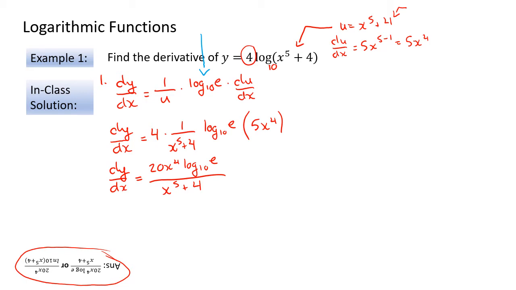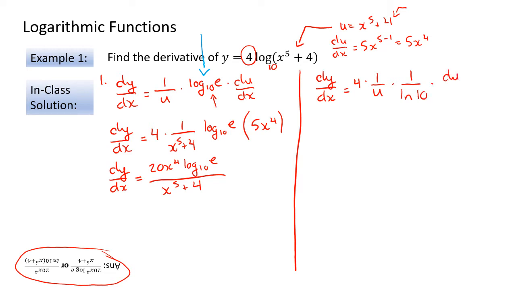Okay, if we do this the second way, dy by dx is equal to, remember we have a constant 4, so we'll do 4 times 1 divided by u times 1 divided by the ln of the base. In this case the base is 10, so ln 10, times du by dx.